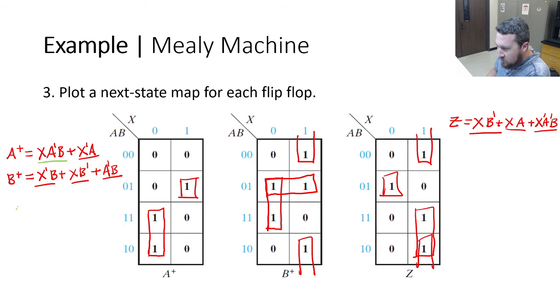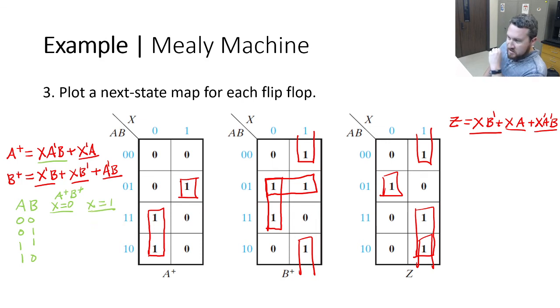So now let's go ahead and lay out our transition table before we look at it on the next slide. So A and B is going to give us 0, 0, 0, 1, 1, 1, 1, 0. And then we're going to have our next state, our A plus, B plus. First for X equals 0, and for X equals 1.